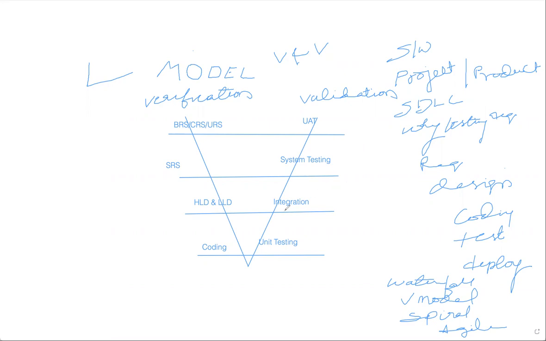Now if you observe side by side, the SDLC process starts from requirement understanding. So this is the requirement phase. In the requirement stage we have BRS, CRS, and URS. Note these abbreviations separately. BRS means business requirement specification.